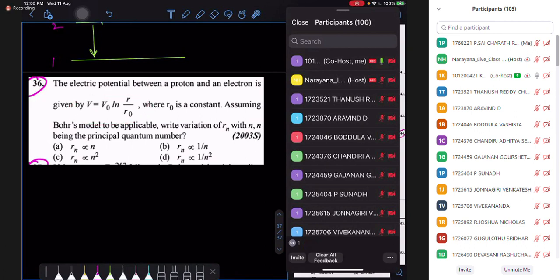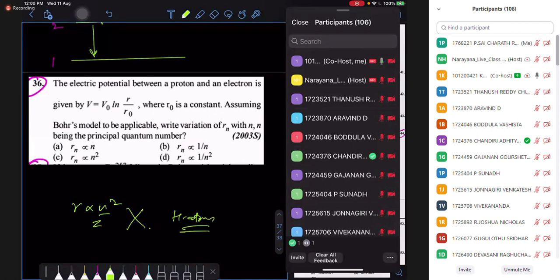So he says to apply Bohr's model and get the relations between R and N. So all the concepts we have derived for standard hydrogen are not applicable here. If I say that R is proportional to N squared by Z, this is not applicable. This is only for hydrogen atoms.